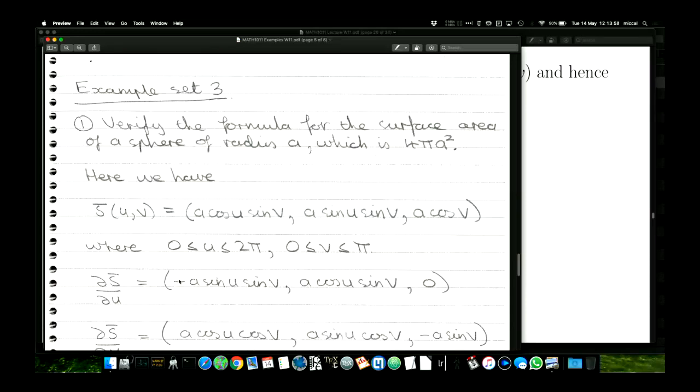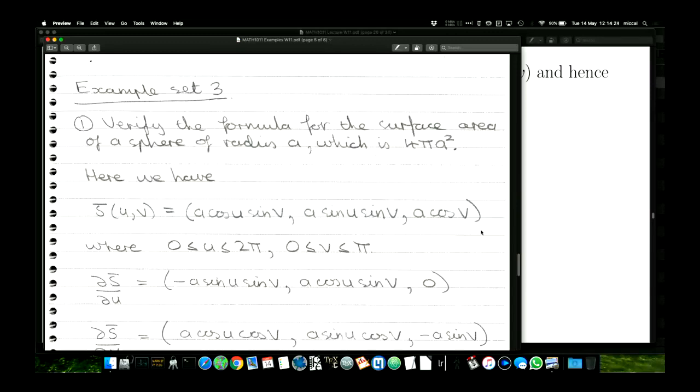Basically what I want is the surface area of a sphere that sweeps out the whole sphere. Being a sphere, spherical coordinates. It's got a fixed radius a, so I do x, y and z in spherical coordinates where I've let u and v act as theta and phi.